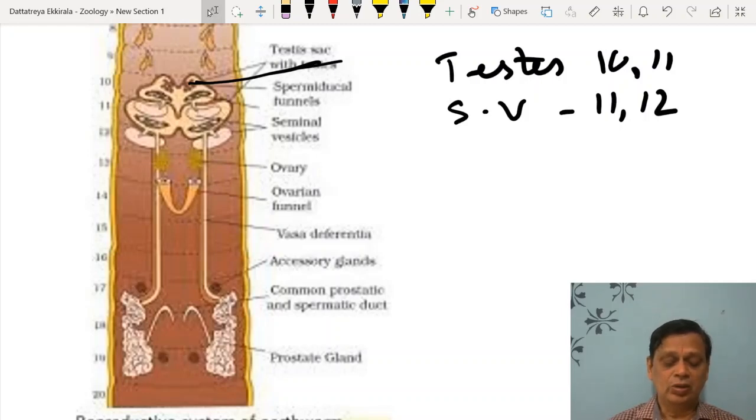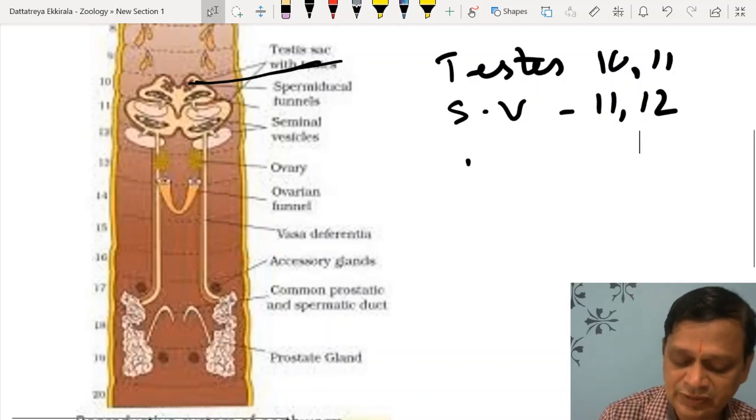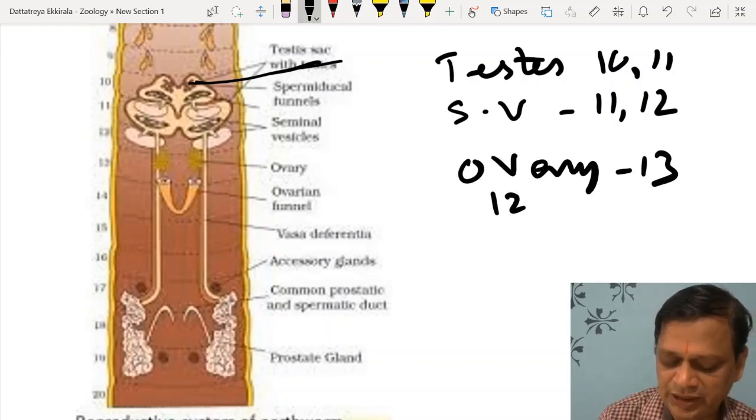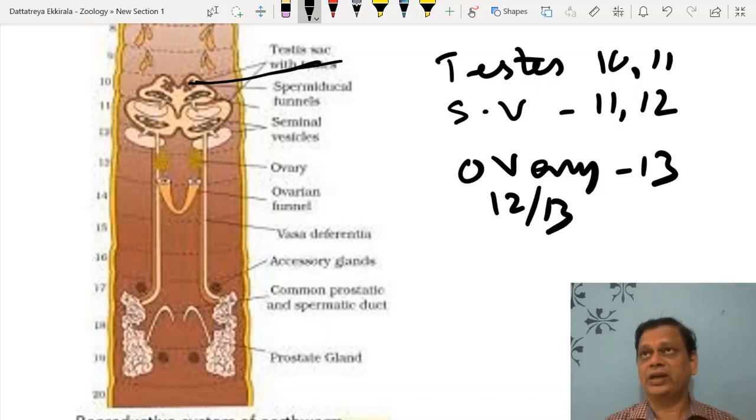And ovaries will be found attached in the 13th segment, but they will be attached to 12 by 13th septum. So from ovary, oviducts arise and female genital aperture is present single on 14th segment.